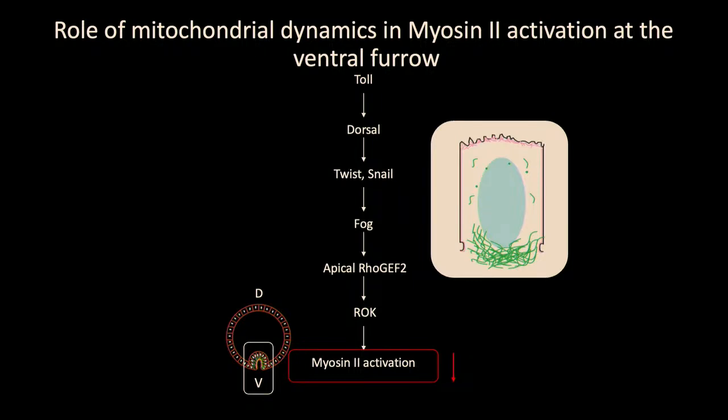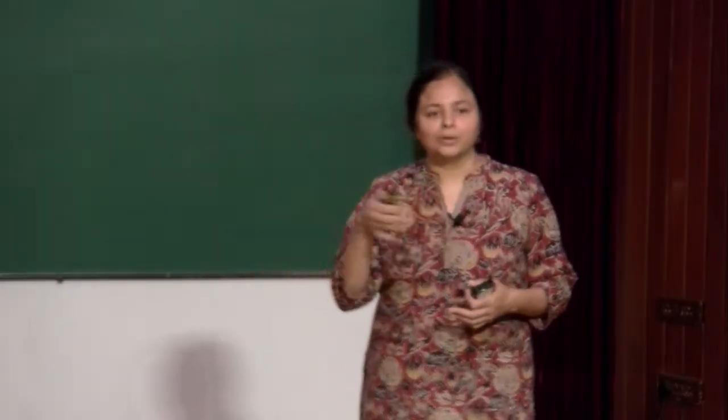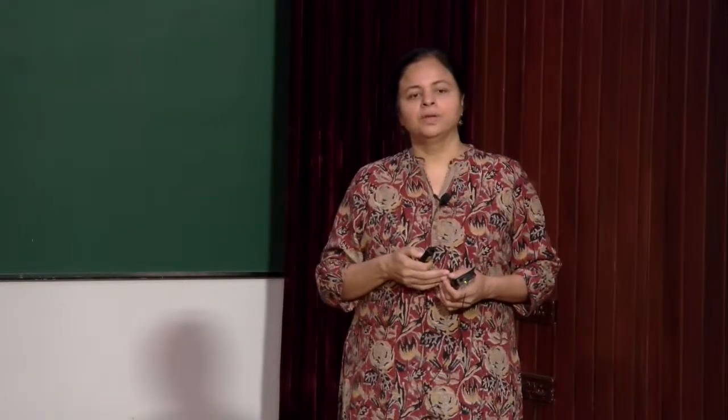If the oxidation reduces, then myosin contractility also reduces, maybe related to the rate at which kinases and phosphatases are getting activated or inactivated to maintain a certain level of myosin activity. So that could be one mechanism. We are trying to test that. It's something which is known in the literature in many different cell types which have cell shape change analysis, and the role of mitochondria in it.